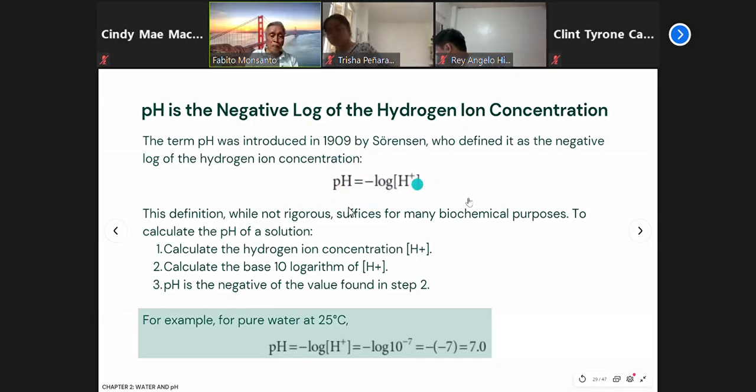Okay? So the definition, while not rigorous, suffices for many biochemical purposes to calculate pH of the solution.